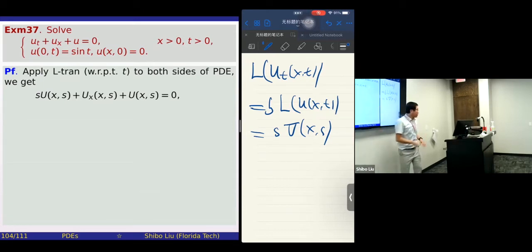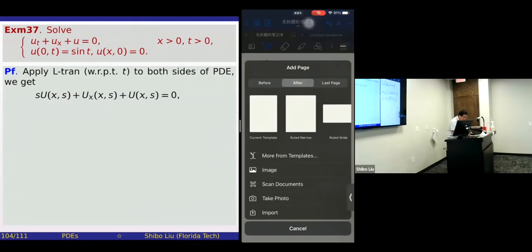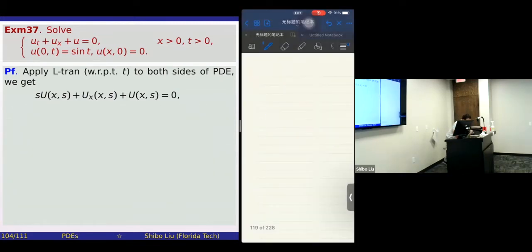Okay. So I will explain why the Laplace transform of u_x with respect to t is the partial derivative of the Laplace transform of u with respect to x. Okay. So L[u_x] as a function of x and s is what?